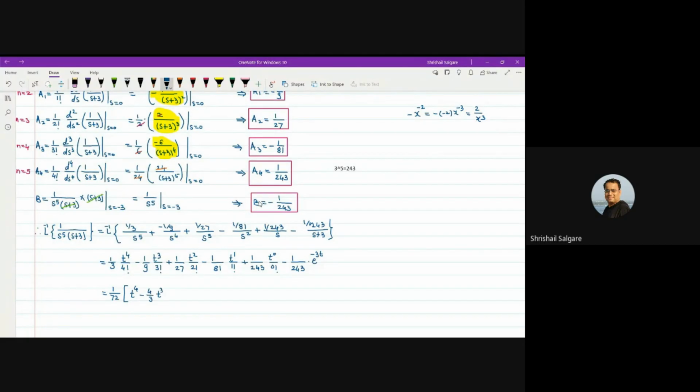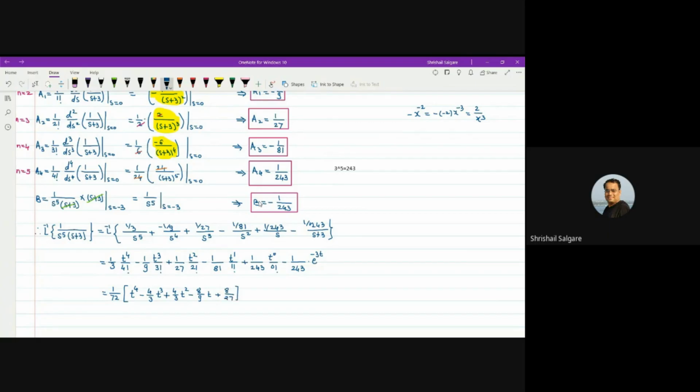t raised to 3 plus next term. 4 by 3, again 4 by 3 t square. Next term 8 by 9 t plus 8 upon 27, that constant term.